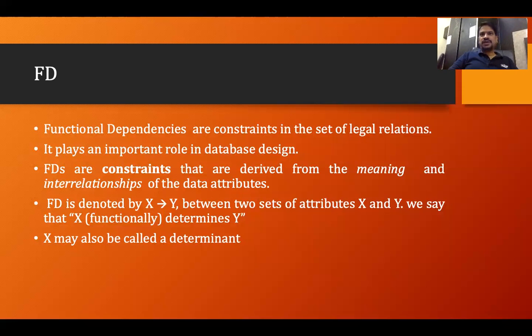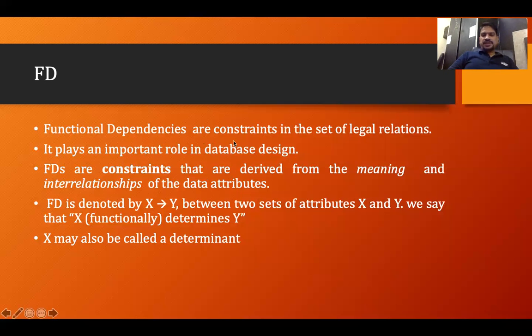Once we have entered the value of roll number one, that roll number one will not be allowed again after filling it. That is called a constraint. So your table, or your relation, should be within the constraint. And if your table is within the constraint, then you can find the functional dependency.